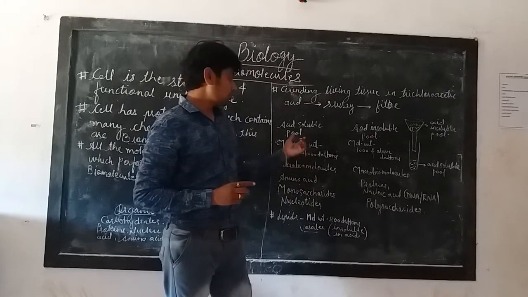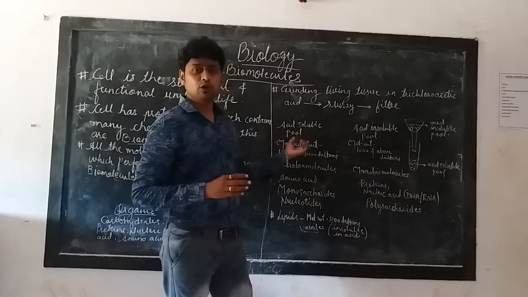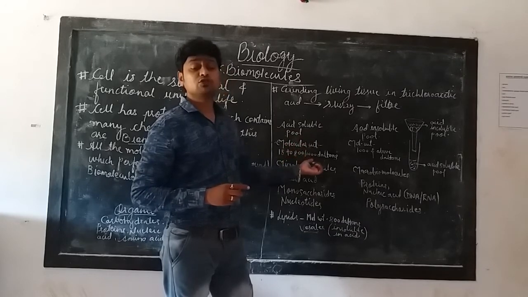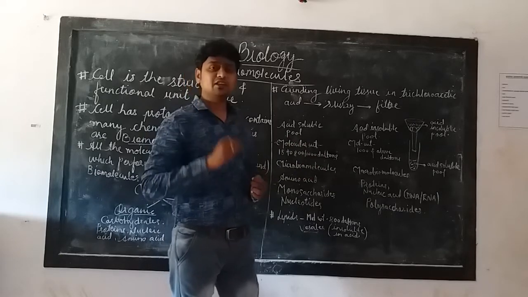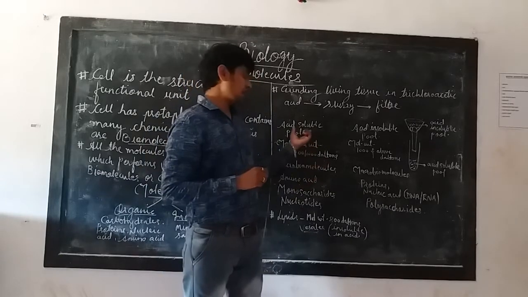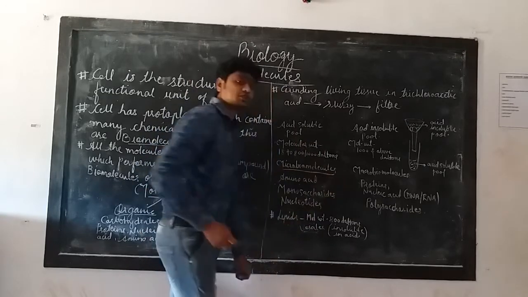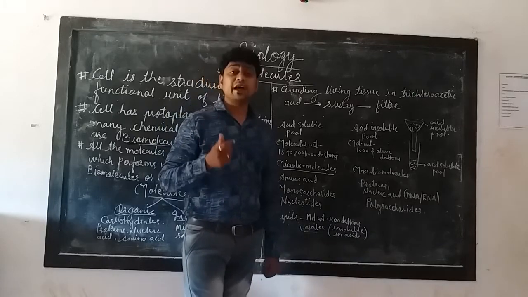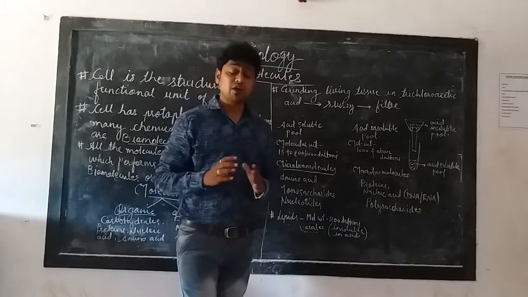The molecules present in the acid soluble pool have a molecular weight of 18 to 800 to 1000 daltons. That means their molecular weight is small, and that is why we call them micro biomolecules, or simply micromolecules.